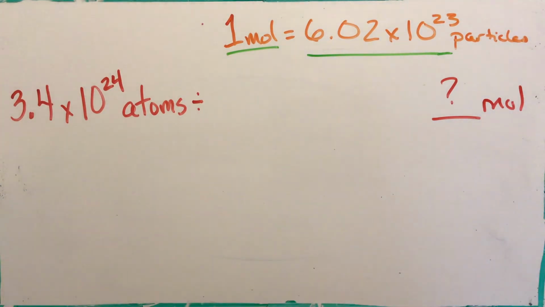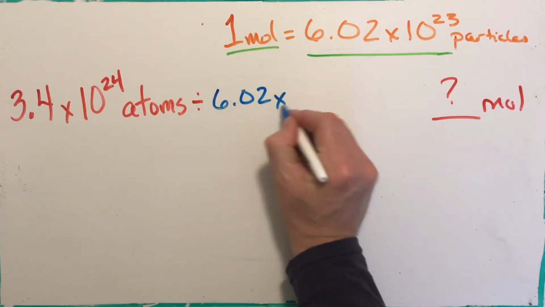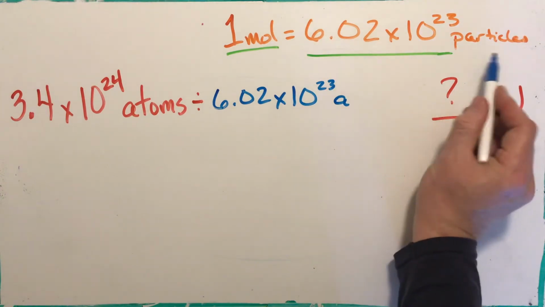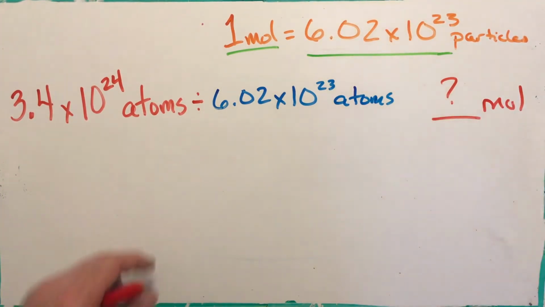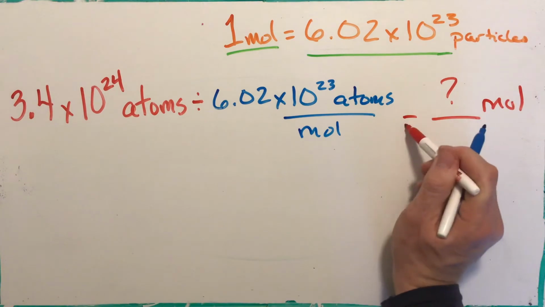I'll put that in a different color. That's my conversion factor, so my conversion factor I'll put in the blue. I divide by 6.02 times 10 to the 23. I don't write particles because it said atoms, so I use atoms, the particles that were given. All right? Per mole.